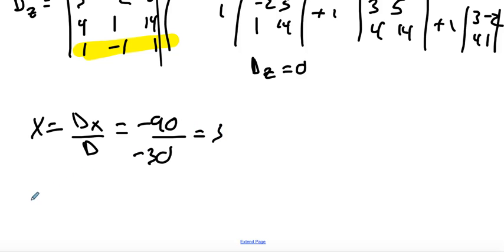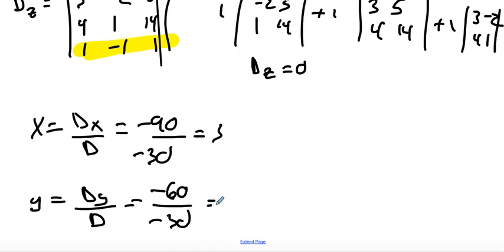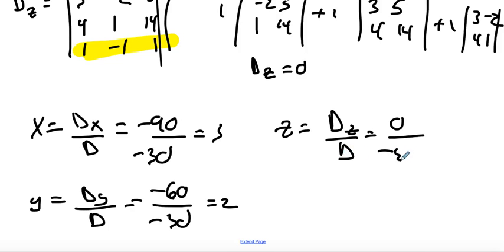Okay, if I want to find y, d of y over d, so d of y was negative 60 over negative 30, which is just 2. And if I want to find my z, it's d of z over d. And we know we get 0 right here, and then d is negative 30, but we know that's just 0. So the final answer is 3, 2, 0. Whew! We got through it.